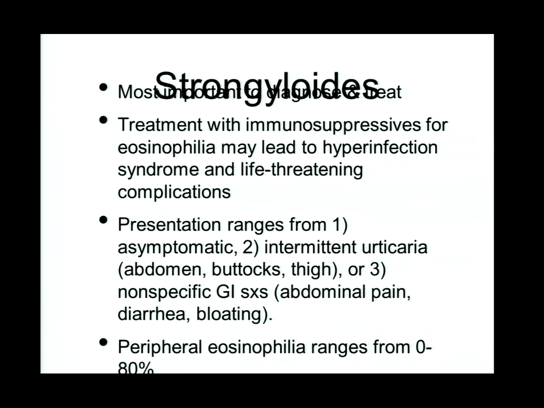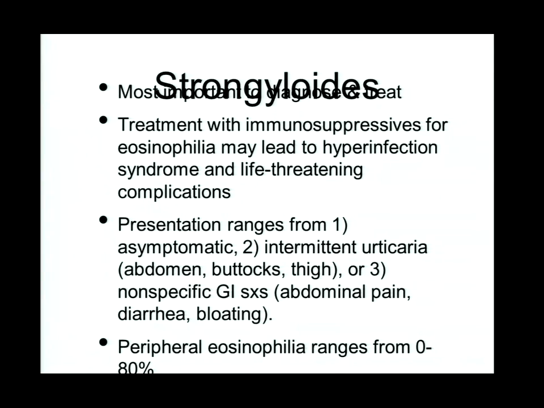Because any treatment for hypereosinophilia that's immunosuppressive, first-line glucocorticosteroids, hydroxyurea, can lead to a huge infestation and infection of strongyloides in the patient's system, leading to life-threatening complications. So this is called a hyperinfection syndrome of strongyloides in the setting of immunosuppression.